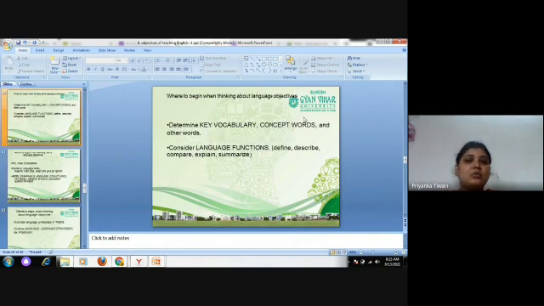And then, where to begin when thinking about language objectives: determine key vocabulary, concept words and other words, and consider language functions: define, describe, compare, explain, and summarize.